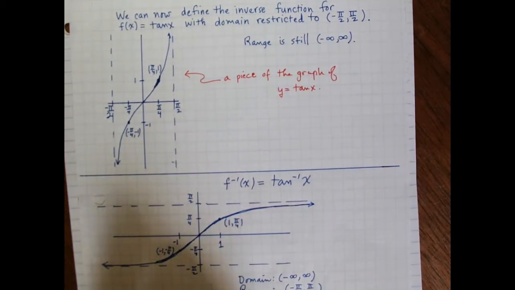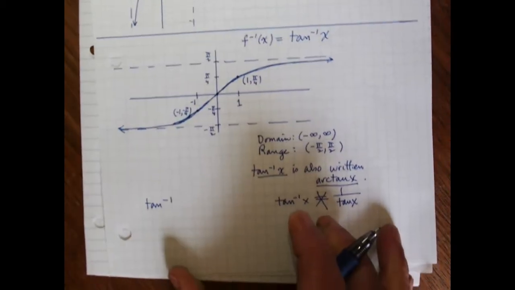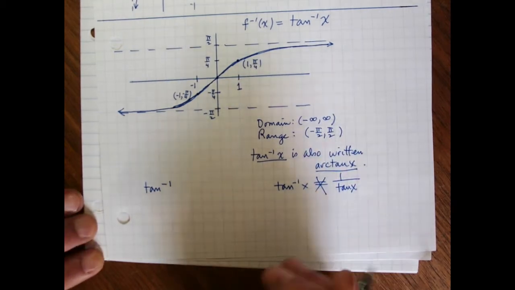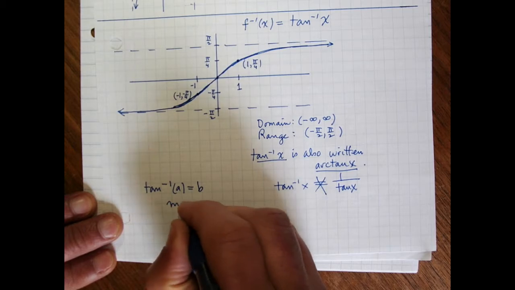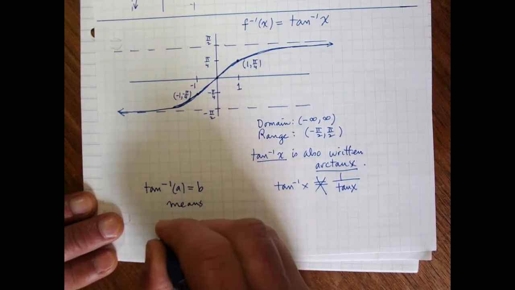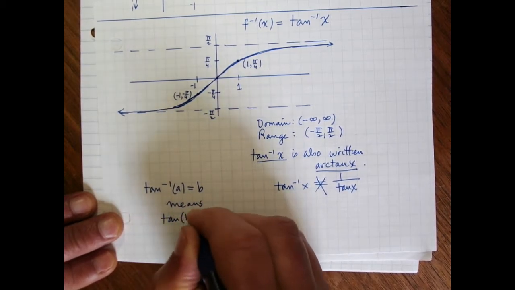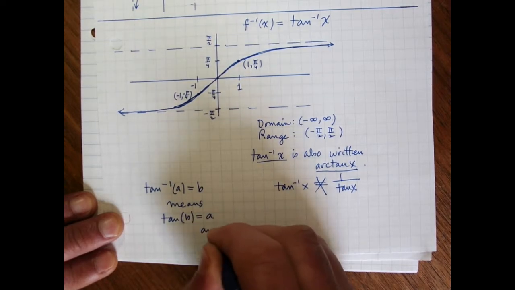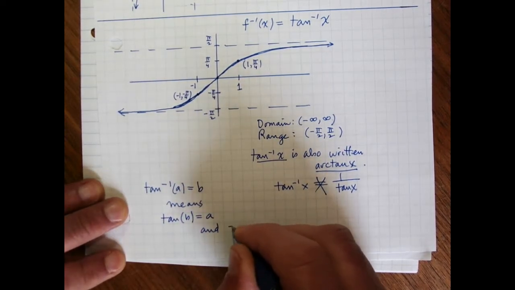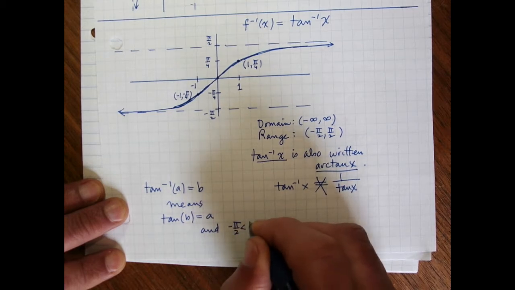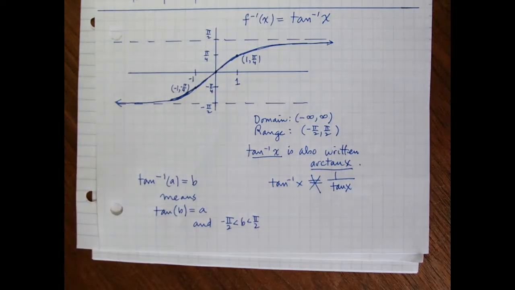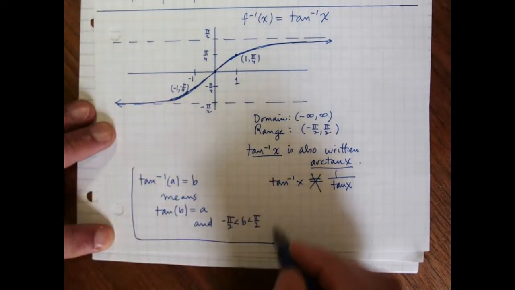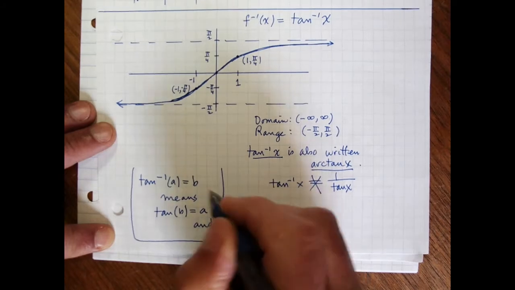And tan, whoops, sorry, I'm going off the bottom of my sheet here. Tan inverse A equals B means tan B is A and B is in that interval from negative pi over 2 to pi over 2 without those endpoint values included.